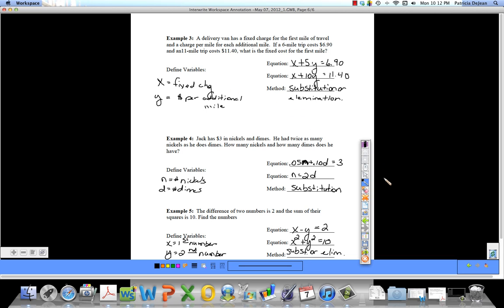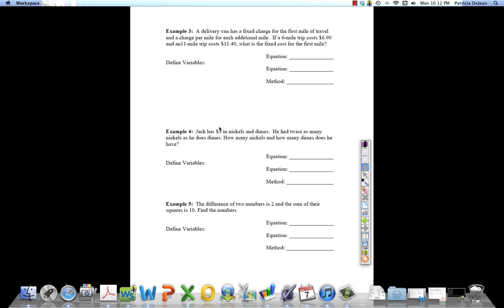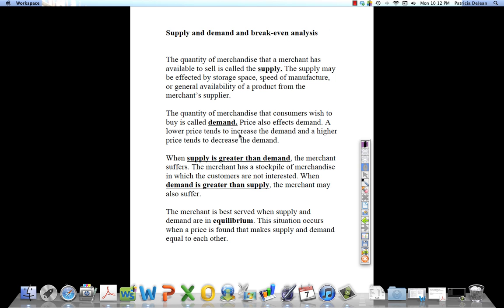The next little section, we're going to talk about supply and demand. Y'all have or know what supply and demand is, but I'll just go over it. If a store or supplier, merchant of some kind is selling some quantity of merchandise, what he has to sell is called the supply.